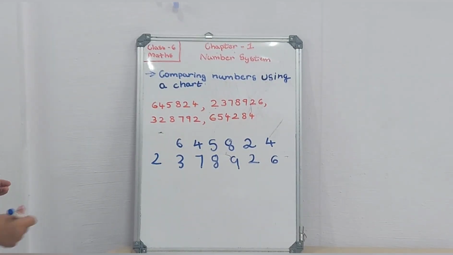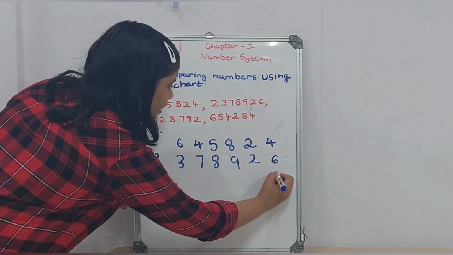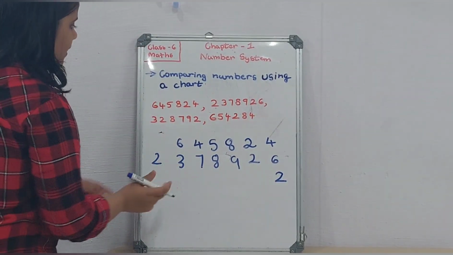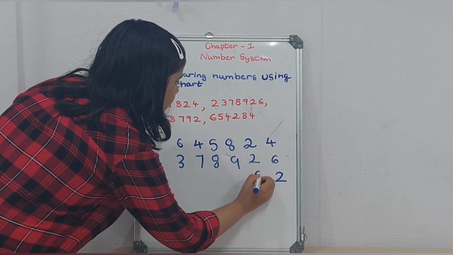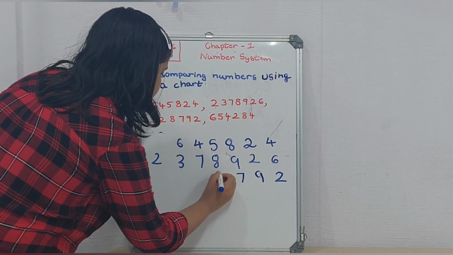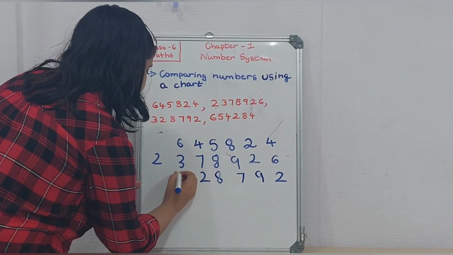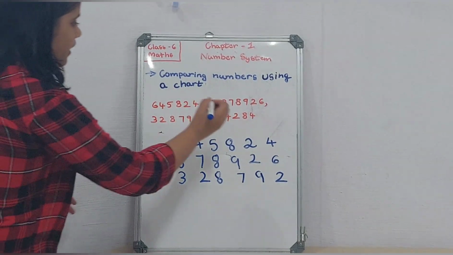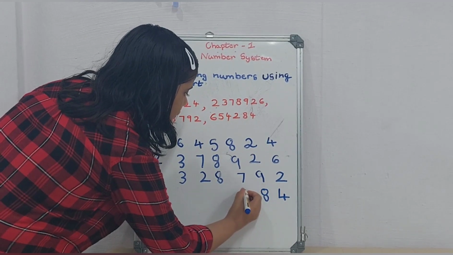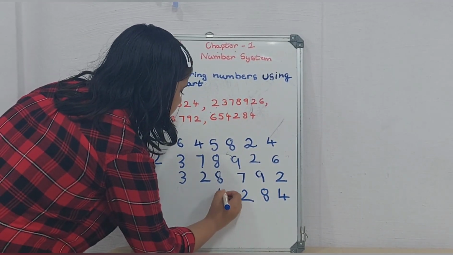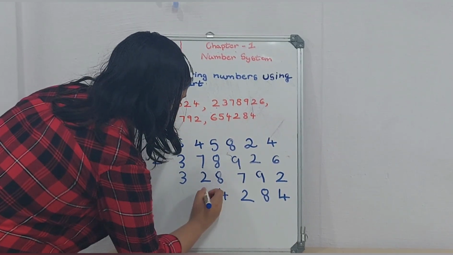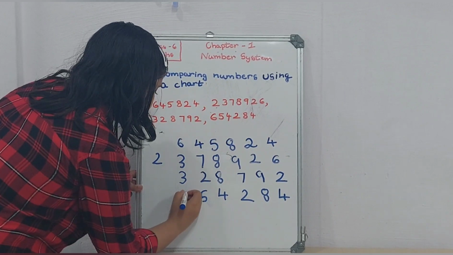So next here we have 2. Like from ones only we can write. Even though it's the same numbers, we'll just write from the ones. Okay. So 9, 7, 8, 2, and 3. Now let us write the last number. That will be 4, 8, 2, 4, 5, and 6.